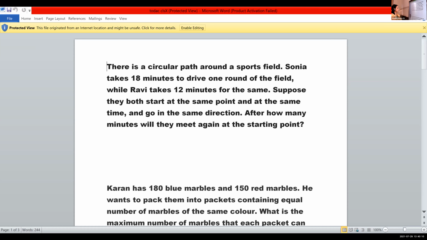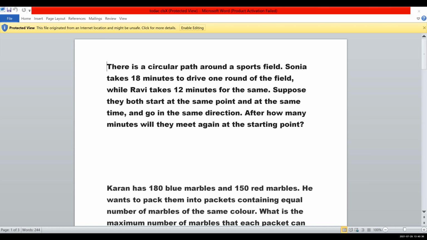After how many minutes will they meet again at the starting point? What do you have to find here? Okay, there are two persons, Sonia and Ravi. Sonia takes 18 minutes to take one round, and Ravi takes 12 minutes for the same.